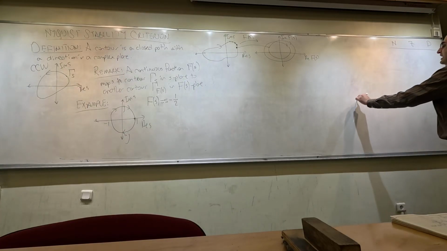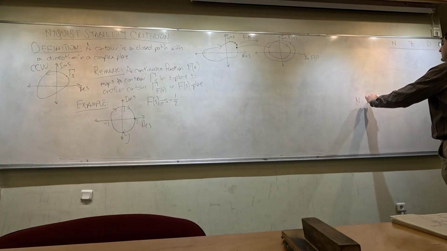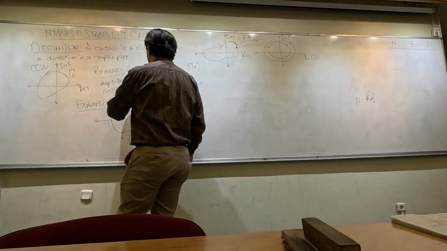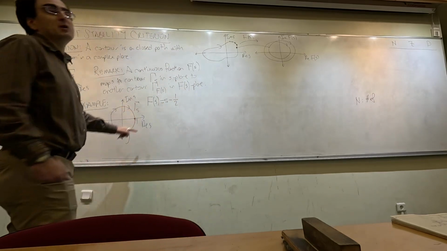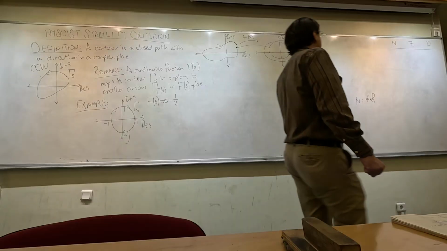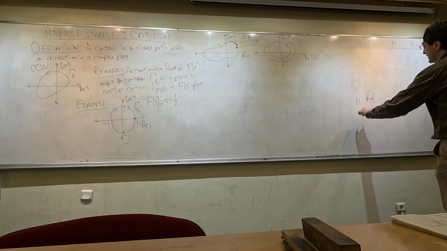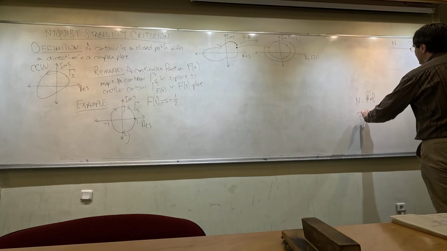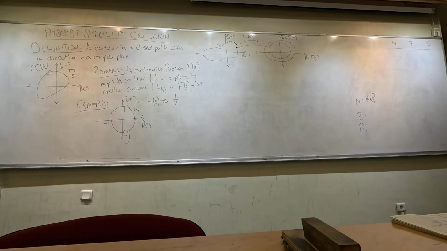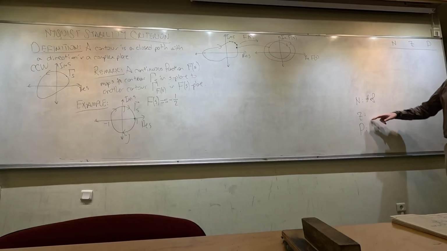So here, n is going to be the number of, so this is my gamma s in this case. Gamma sub s is my unit circle, clockwise unit circle. Okay? And I will define what n is, and I will define what z is, and I will define what p is.